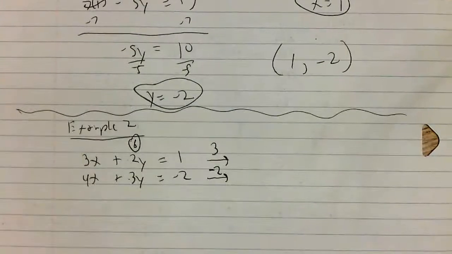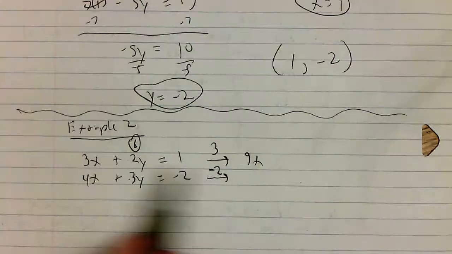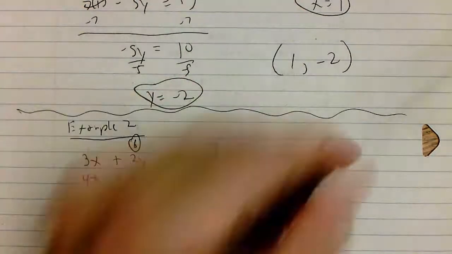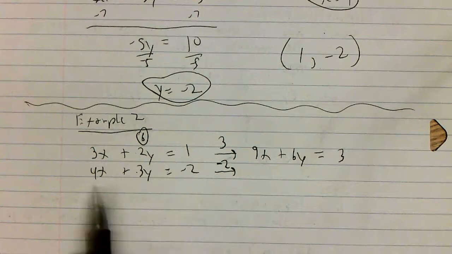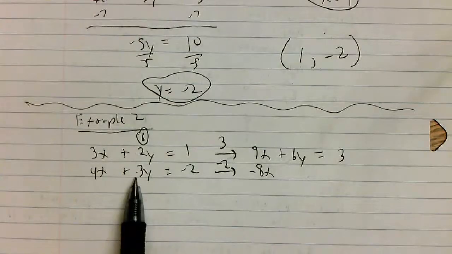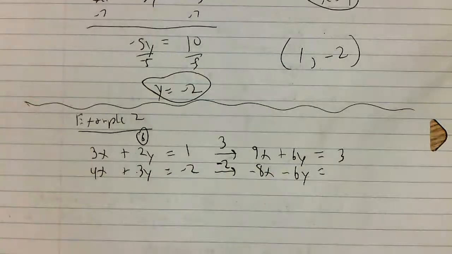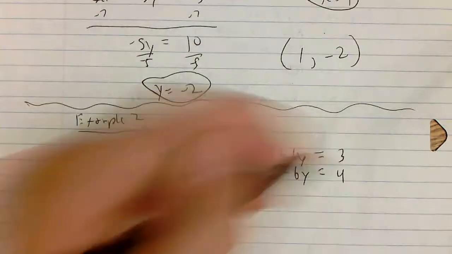This is fairly easy to do, right? 3 times the 3 gives me 9x. 3 times the 2 gives me 6y. And 3 times the 1 gives me 3. On the bottom, negative 2 times the 4 gives me negative 8x. Negative 2 times the positive 3 gives me negative 6y. And negative 2 times negative 2 gives me a positive 4.